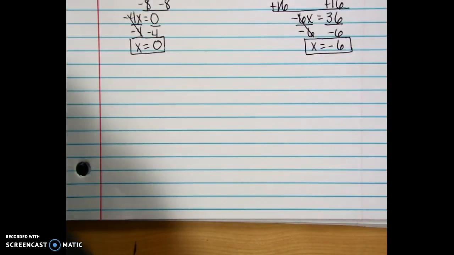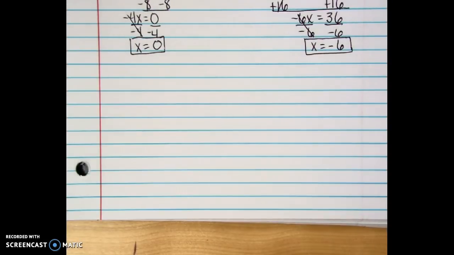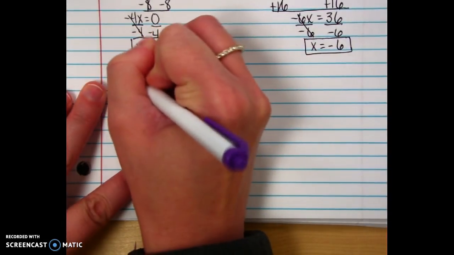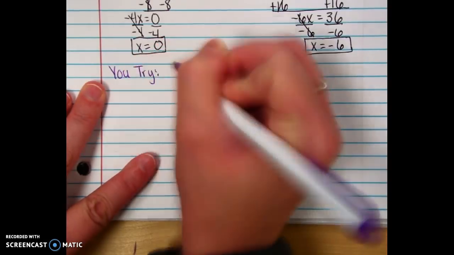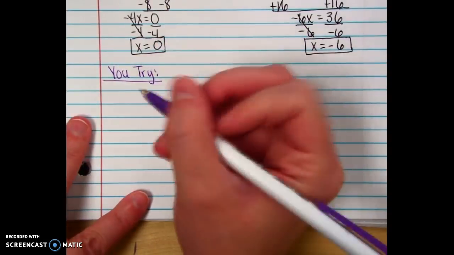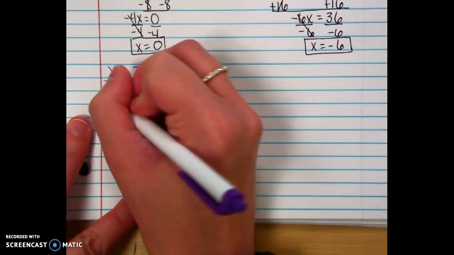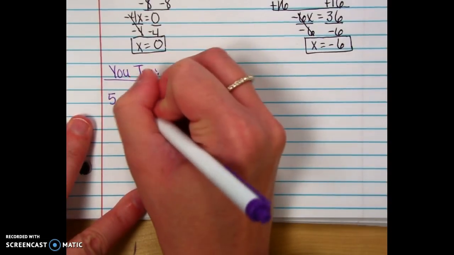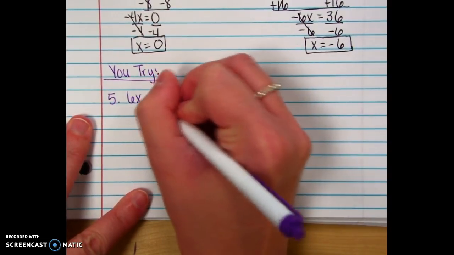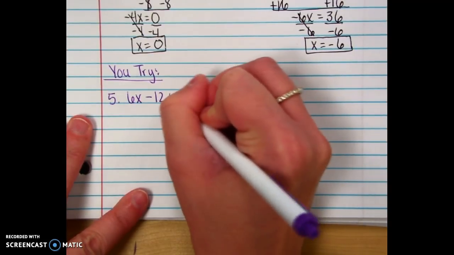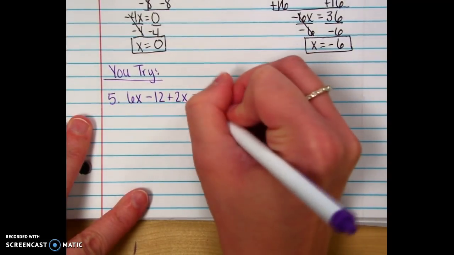Now I have 2 for you to try on your own. And you will need to pause this after I write these down. So this is you try. This is going to be number 5. 6x minus 12 plus 2x equals 12.